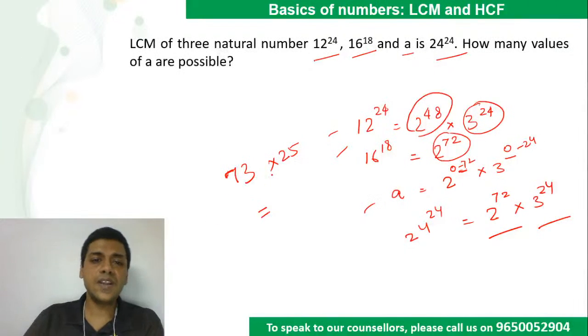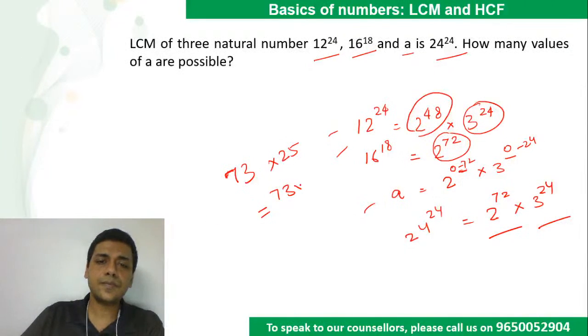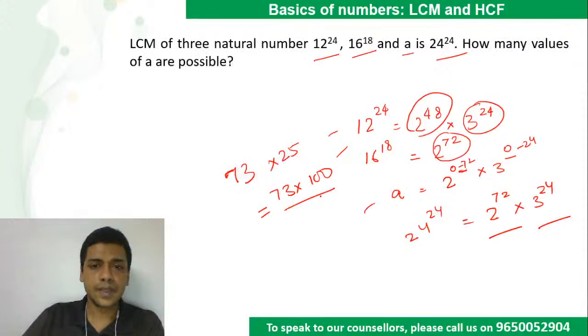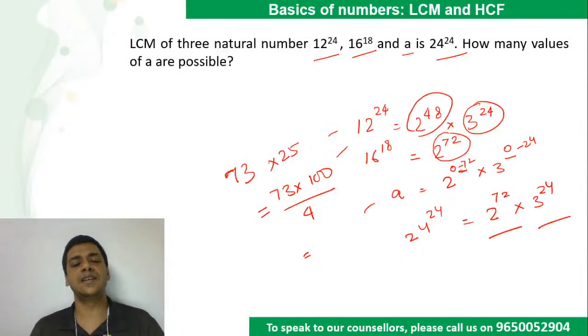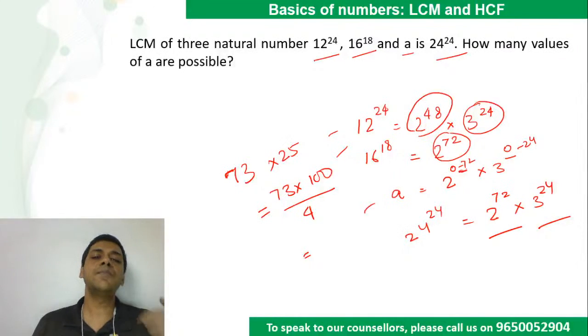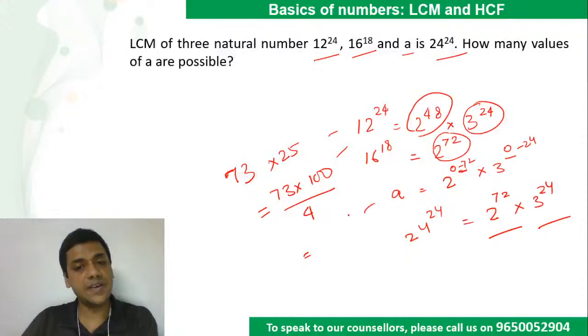Now the question is how to solve 73 into 25. Can I say 25 is nothing but 100 divided by 4? Probably multiplying by 25 was slightly difficult, but dividing by 4 is slightly easier. Why? Because dividing by 4 is nothing but reducing a number to half twice. So what's half of 73? Half of 73 is 36.5.